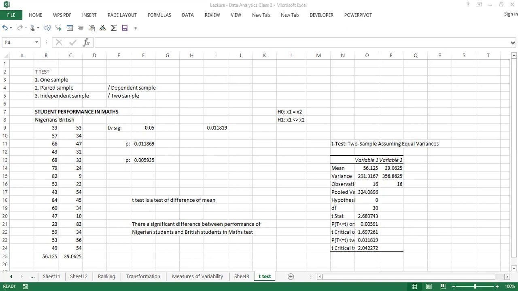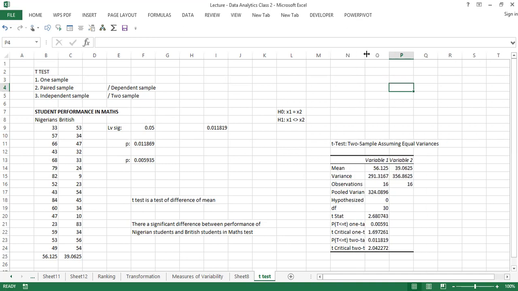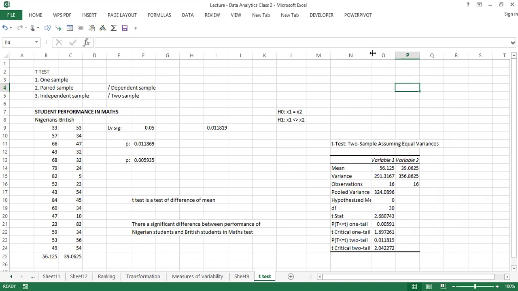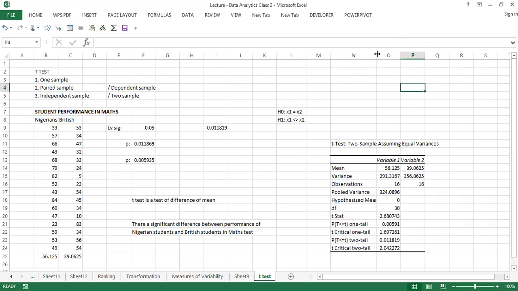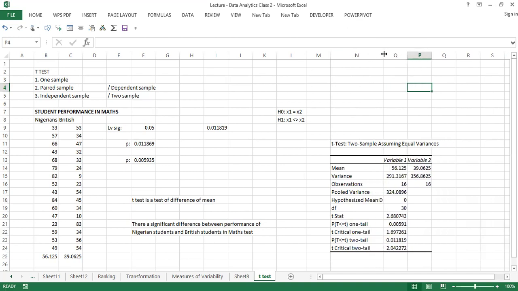Okay. So that's the result, right? You see that this one is more detailed than what we got before.